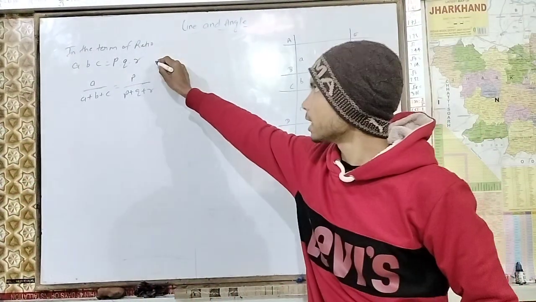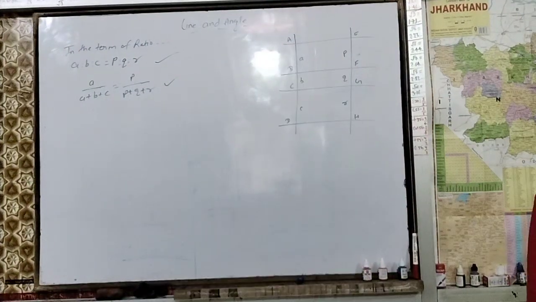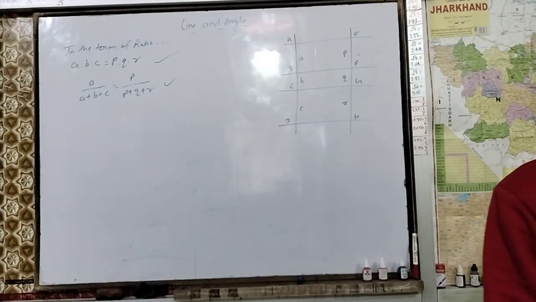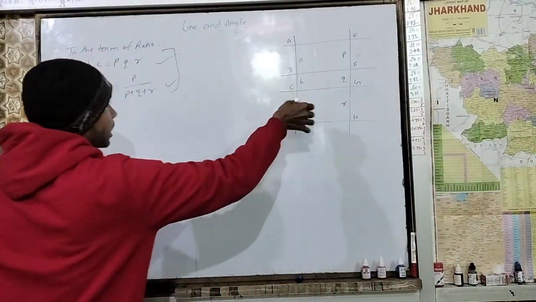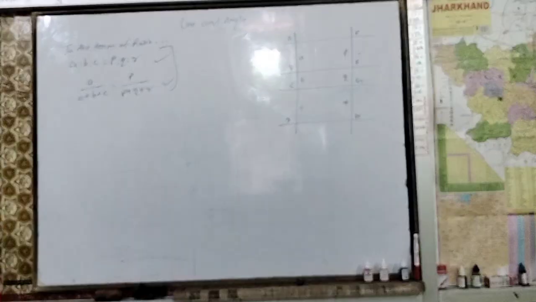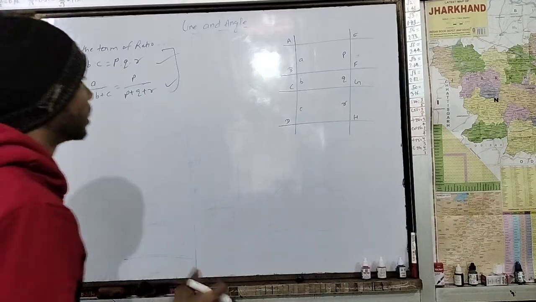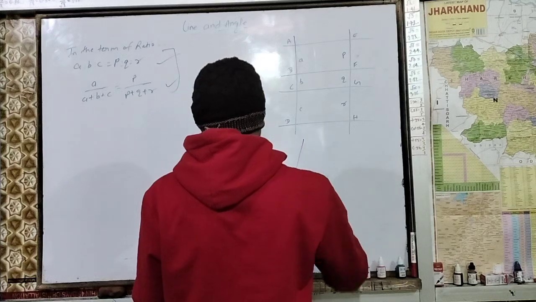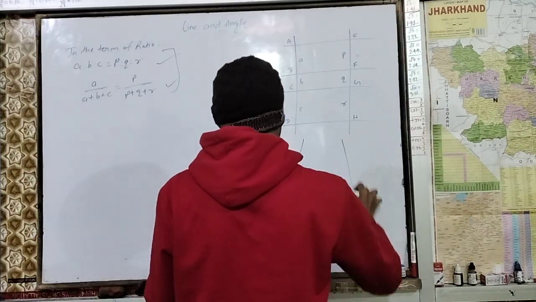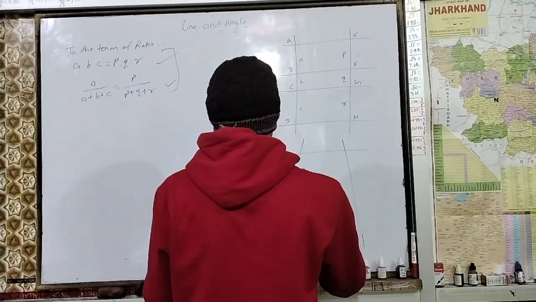You can see this is as a ratio, this is as a fraction. This thing will happen when each line is parallel to each other. But what about non-parallel lines? Non-parallel lines.